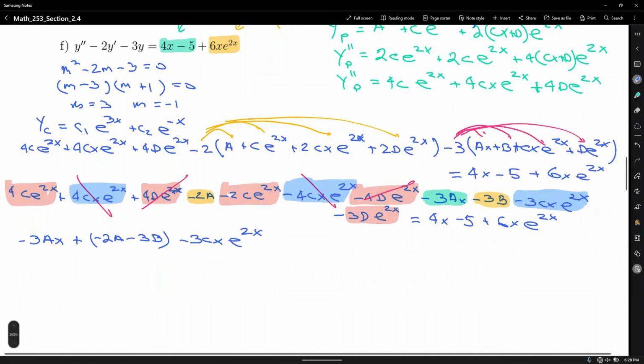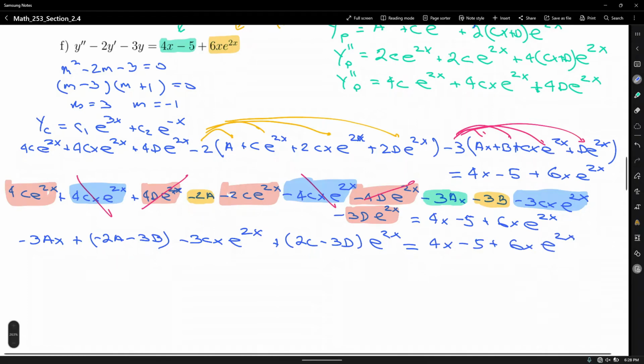That's going to be 4c minus 2c, which is 2c, and minus 3d, e to the 2x. And let that be equal to 4x minus 5 plus 6x e to the 2x.